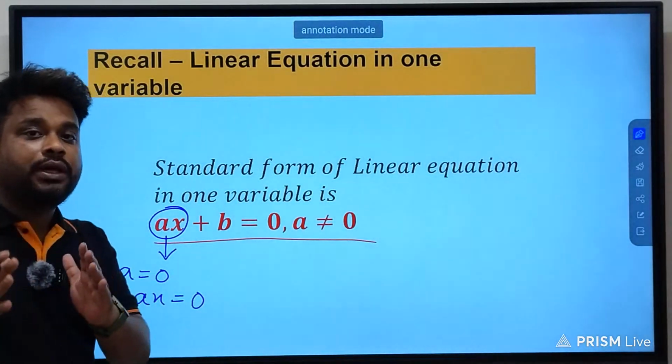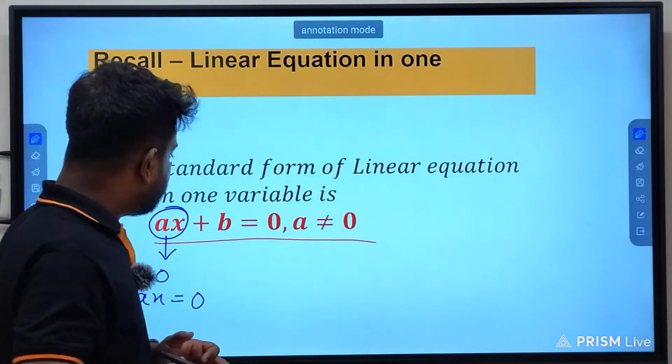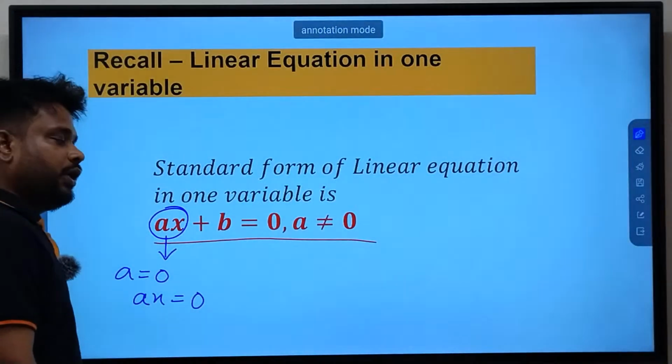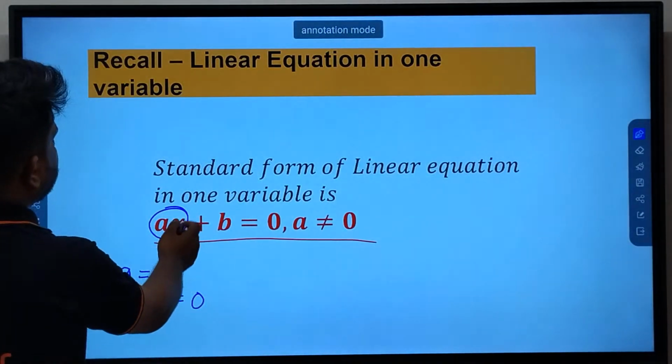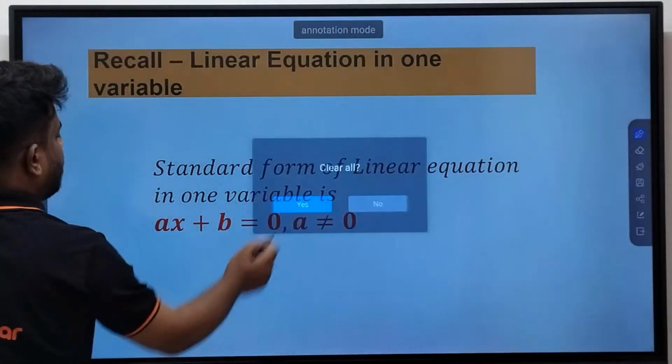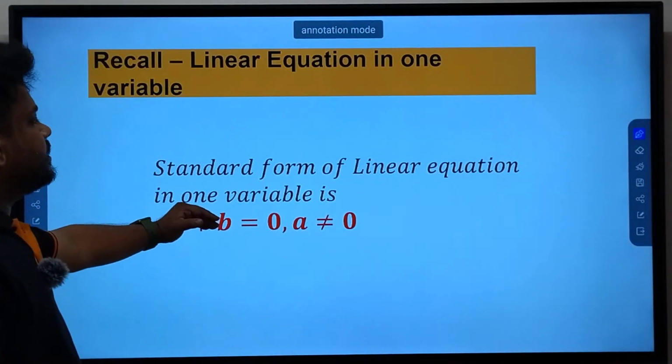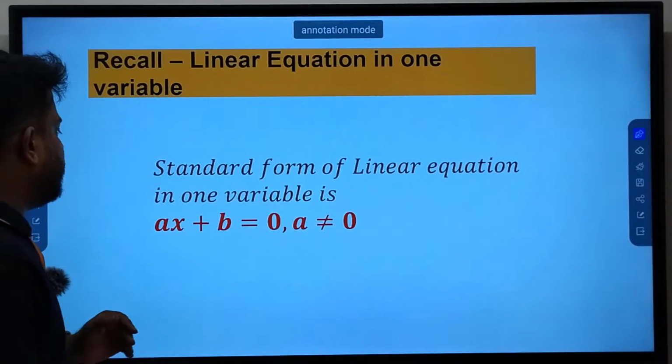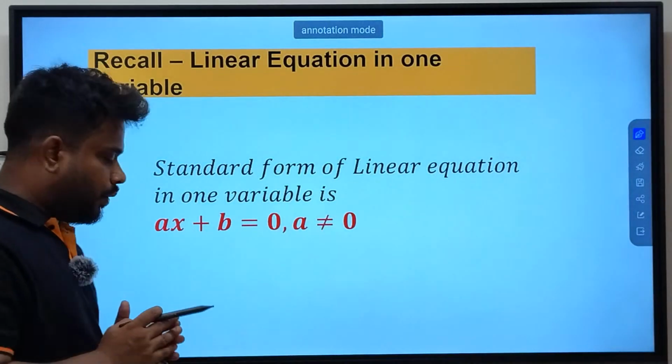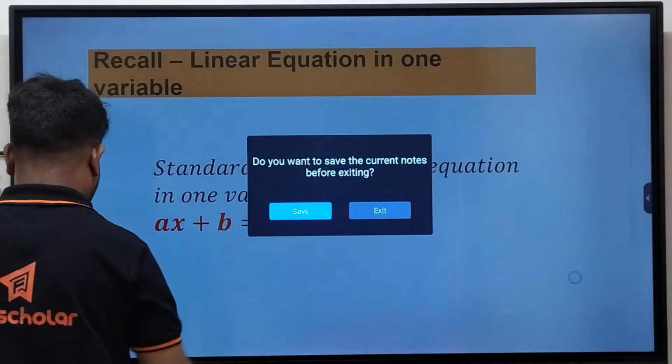So it won't be an equation, right? That's why they are saying that a is not equal to 0. This is the standard form of a linear equation in one variable. Okay, so let's go further.